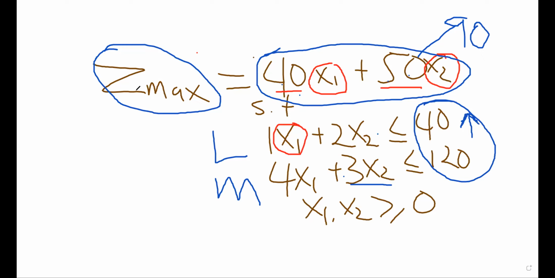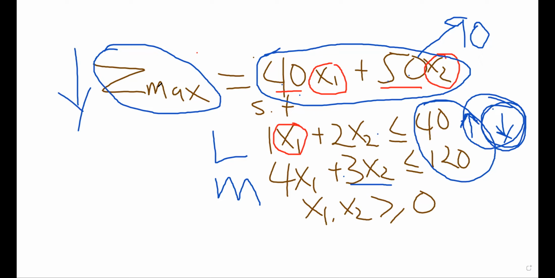In the same way, if the right-hand side decreases, by how much would the Z value fall? This by how much is the shadow price. So you multiply the increase or decrease in the right-hand side by the shadow price, and that will tell you by how much the Z value is changing.